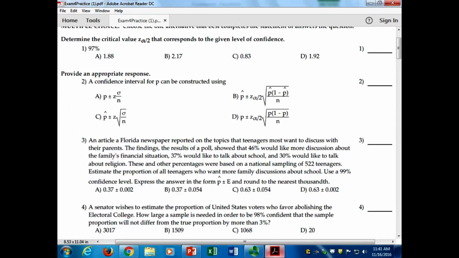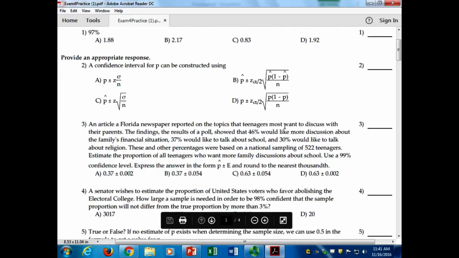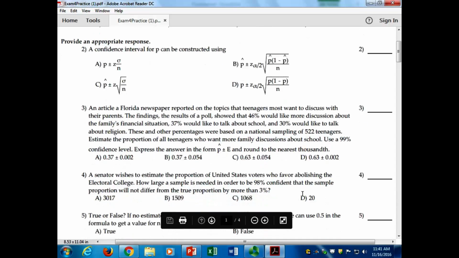Number 3. Number 2 you should be able to get because you have a formula sheet, but I think the answer is B. So number 3, an article. It shows 46% would like more discussion about families' finances, 37% want more about school, 30% want more about religion. These and other percentages were based on a national sampling of 522 teenagers. Estimate the proportion of teenagers who want to talk about school.